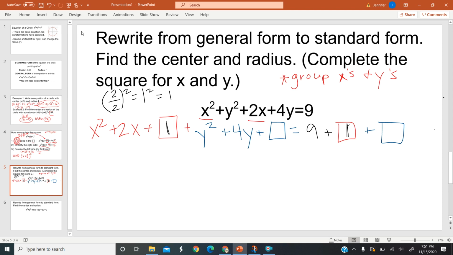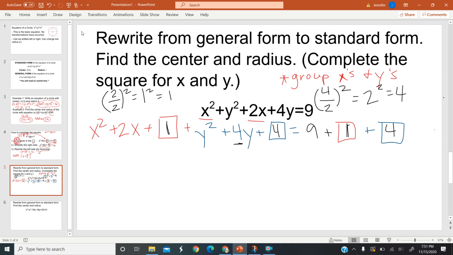And so then I need to figure out for my y blank, so I'm going to have my other b, which in this case is 4, divided by 2 squared. And so then 4 divided by 2 is 2, and then when I square that, I get 4. So for my y blank, or my blue blank, I need a 4.